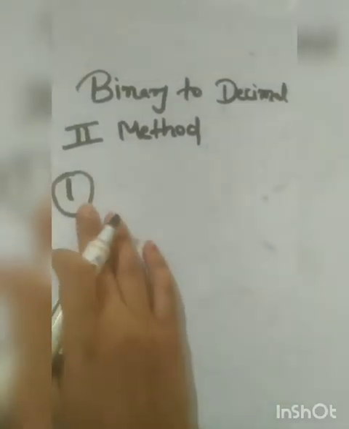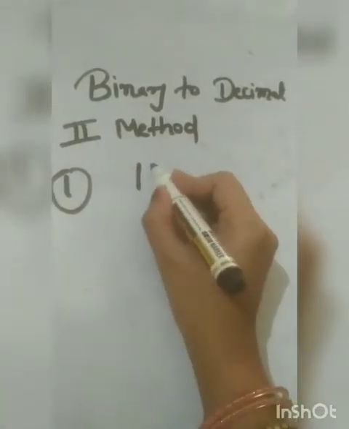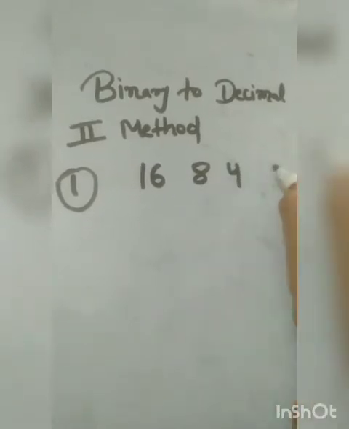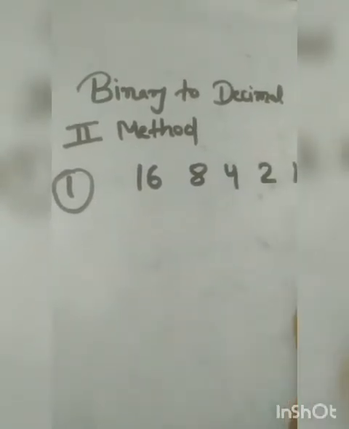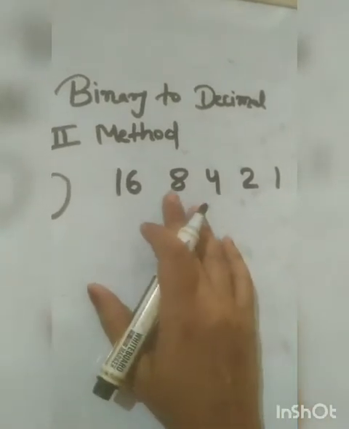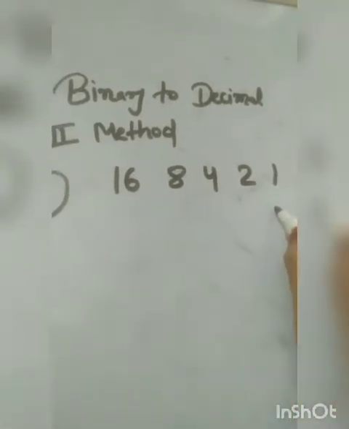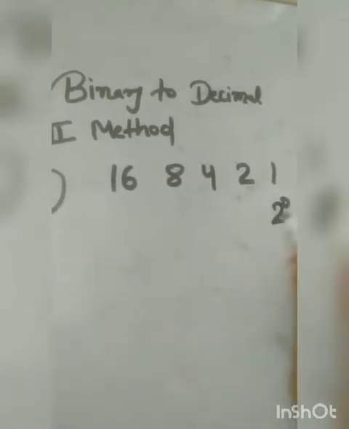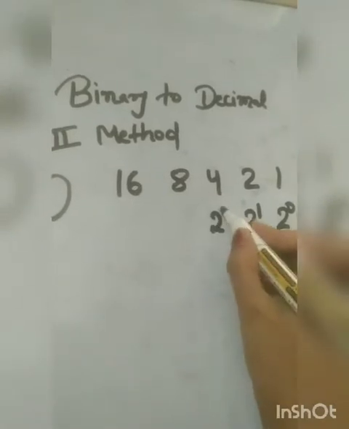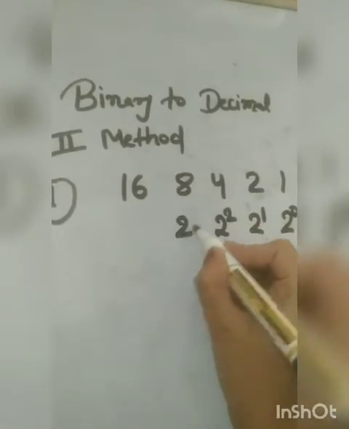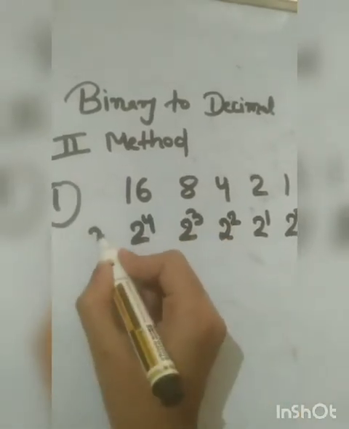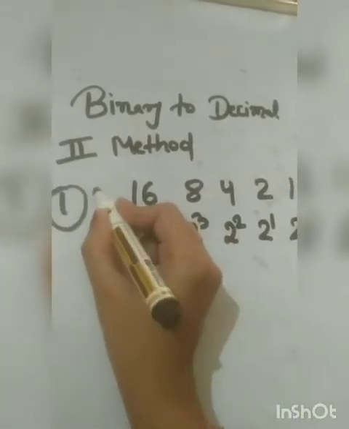In the first method, simply you have to write like this: 16, 8, 4, 2, 1. Now you may be confused how it came. So I am going to show you. 2 to the power 0, and now I am going to increase the power. 2 to the power 1, 2 square is 4, and you can increase it also, like 32.